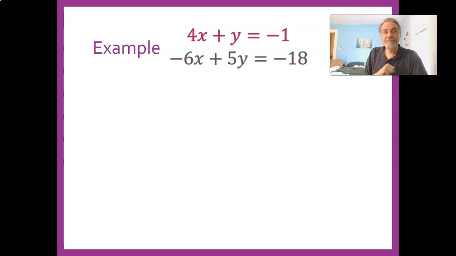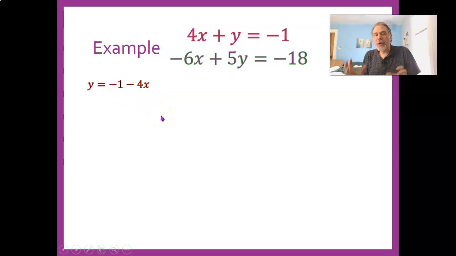Do you agree? I think it's easiest to take the top equation and solve it for y, because the y already just has a coefficient of 1. So if I subtract 4x on both sides, I get y by itself equals negative 1 minus 4x. Okay, so now I'm all ready to make the substitution.